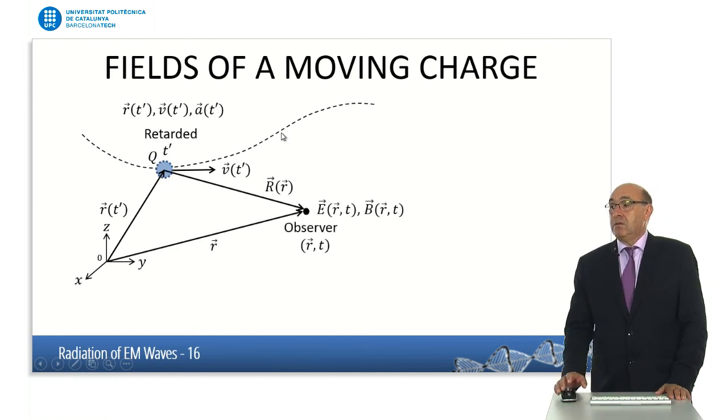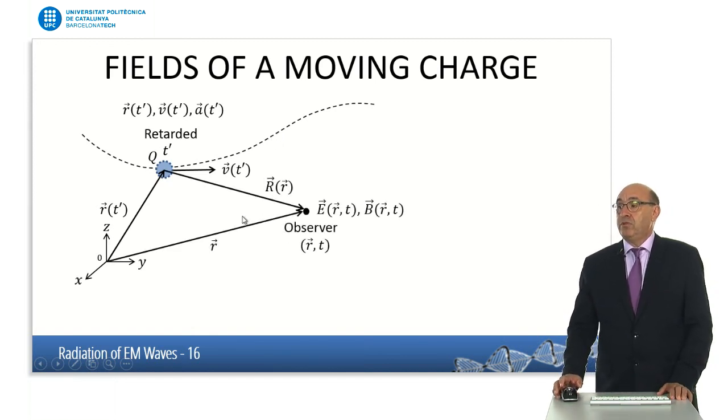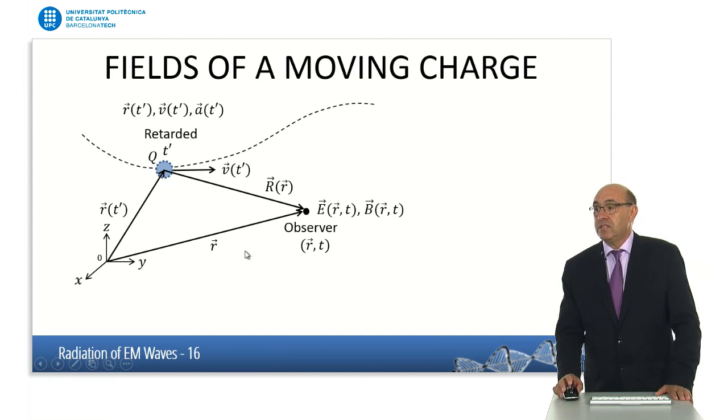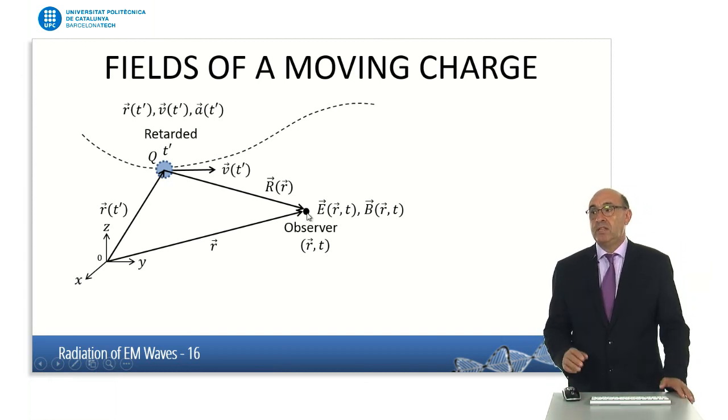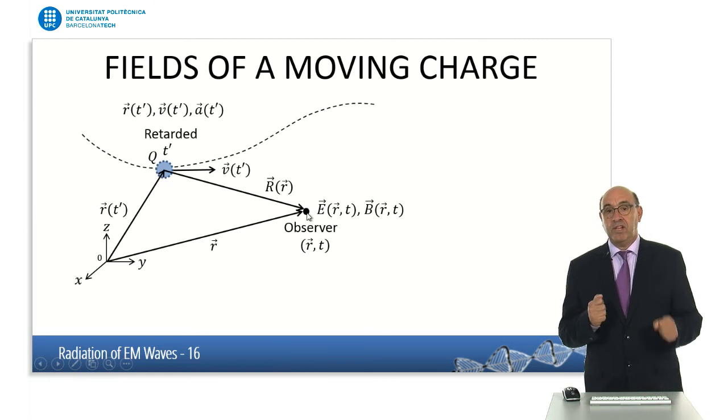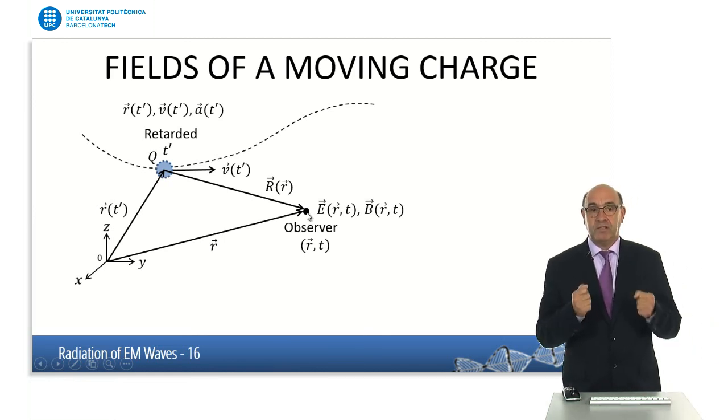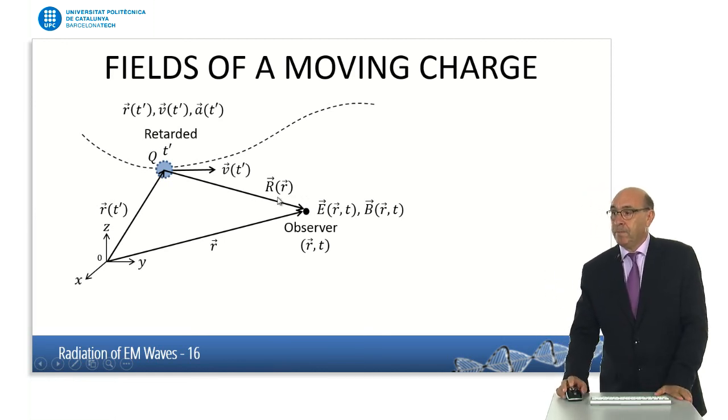Now, this charge is going to produce fields. That means that at a certain point, we are just observing, we are just looking at the charge and trying to measure and sense the fields produced by this charge.